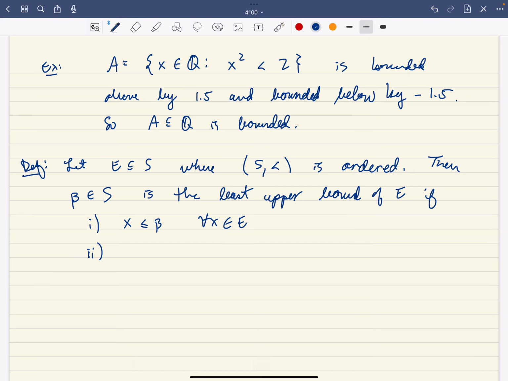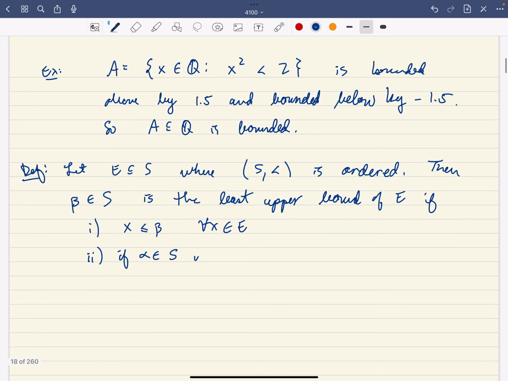What makes it the least is that if you have a value, let's call it alpha, in S with alpha less than beta, then alpha is not an upper bound of E. So to be the least upper bound means that beta is an upper bound of E, and anything smaller than beta is no longer an upper bound of E.